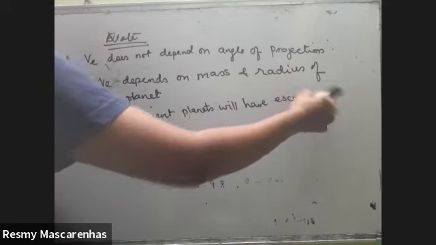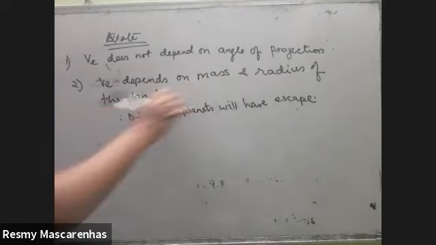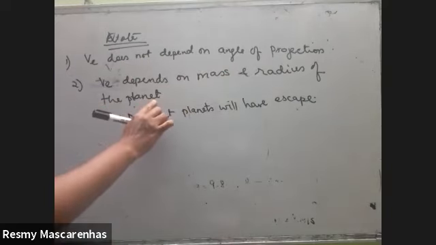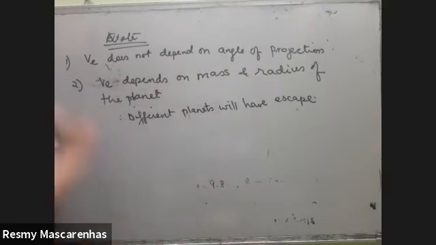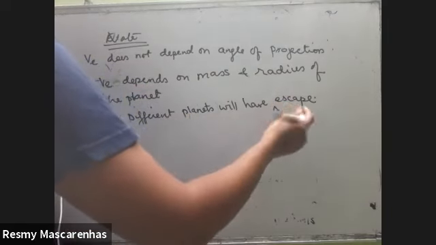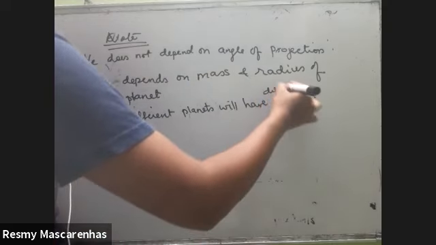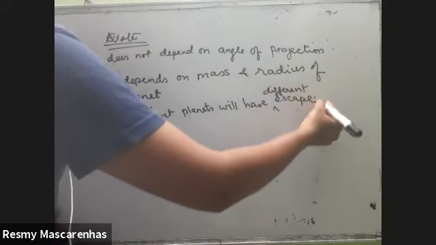Why? The reason is that escape velocity depends on the mass and radius of the planet. So obviously different planets will have different mass and radius. Not all the planets have the same mass, so different escape velocity.